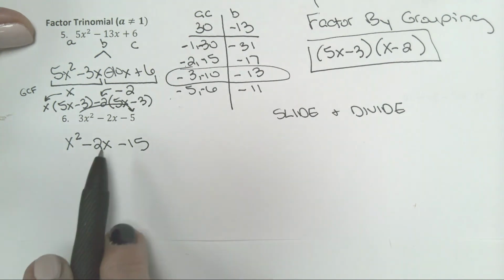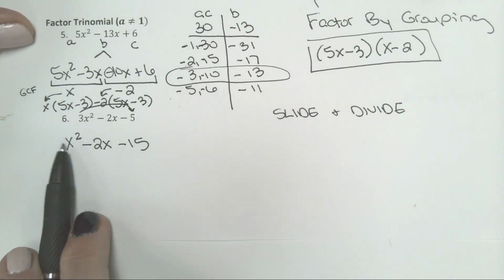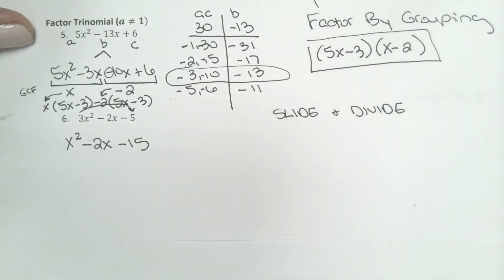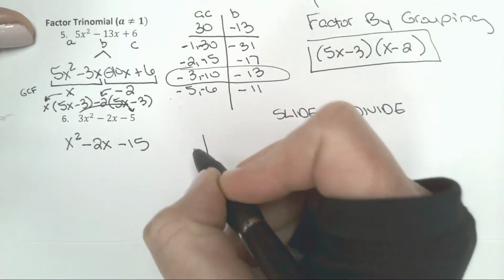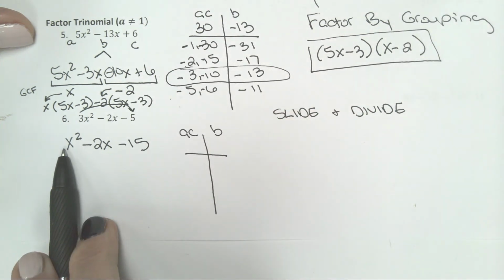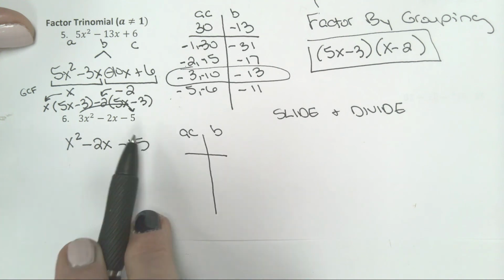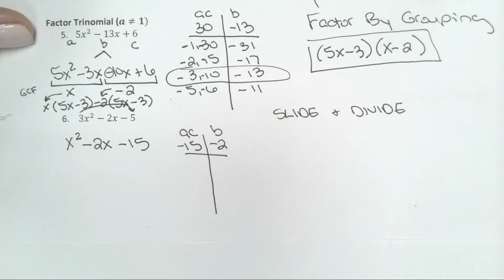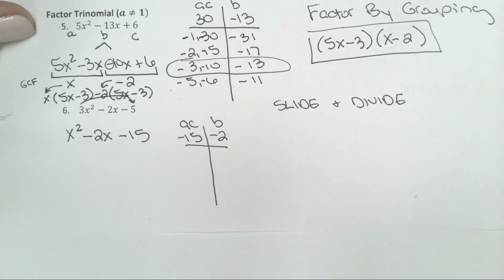So I feel like when you have a trinomial, and A is just 1, these are a whole lot easier than what I just did. So let's make an AC-B chart. Now A is just 1, so A times C, so I need factors of negative 15 that add up to negative 2.